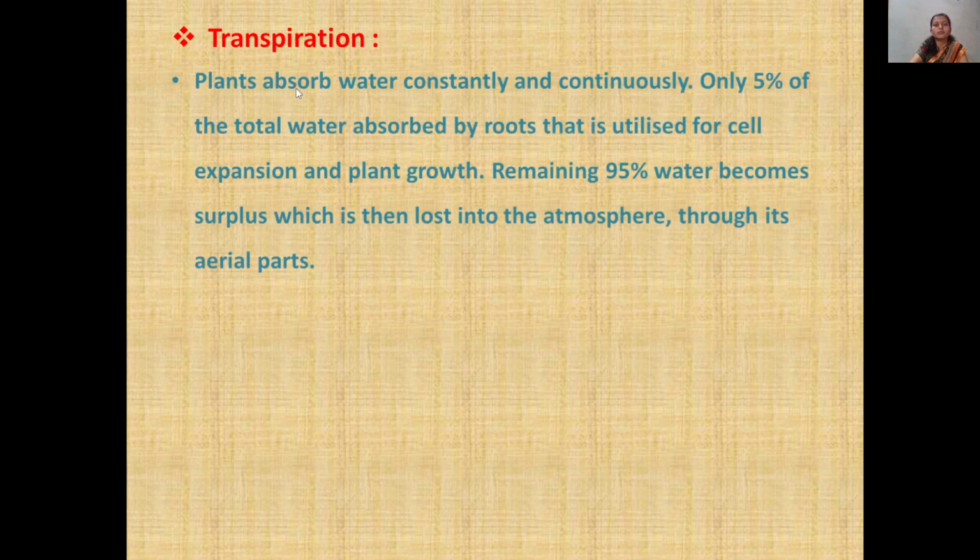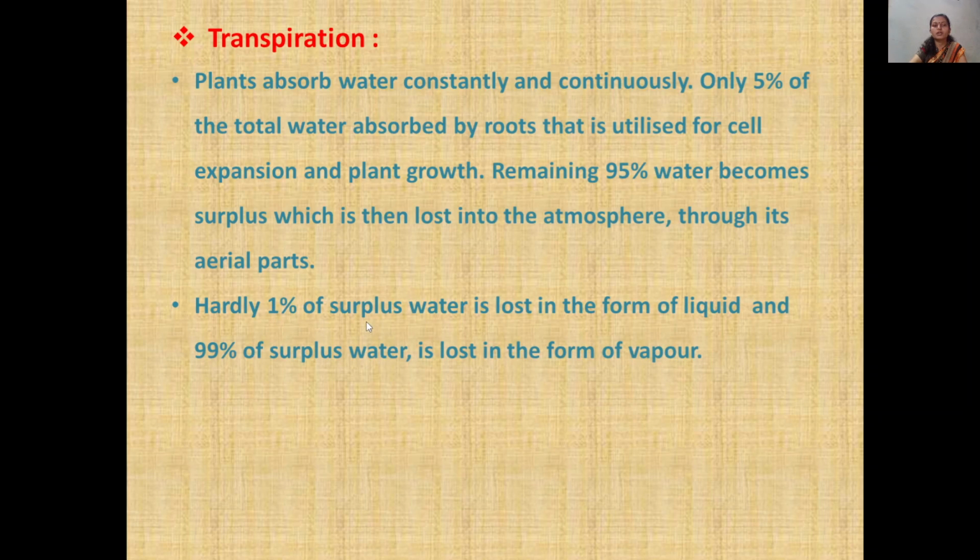Go to the next slide. Transpiration. First point: plants absorb water constantly and continuously. Only 5% of the total water absorbed by roots is utilized for cell expansion and plant growth. The remaining 95% of the water becomes surplus, which is then lost into the atmosphere through its aerial parts.